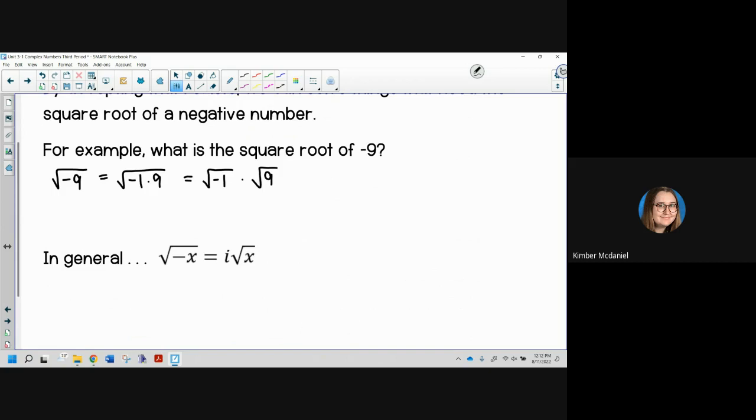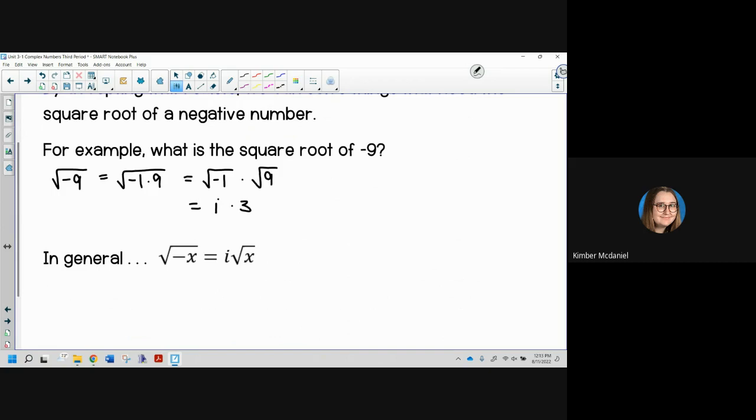We just stated that i is equal to the square root of negative 1. So I'm going to replace the square root of negative 1 with i, and the square root of 9, hopefully we all know, is 3.